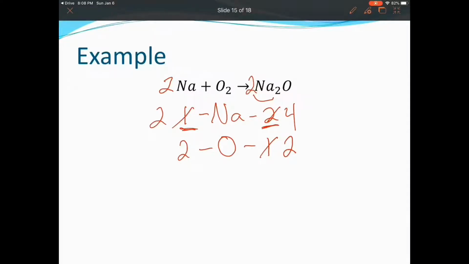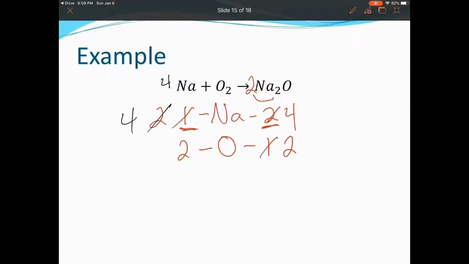Alright, simple fix. Go back, balance your sodiums again. Instead of a 2 in front of the sodium, let's put a 4. That means now we have 4 sodiums plus O2, which is 2 oxygens, which makes 2 molecules of Na2O.